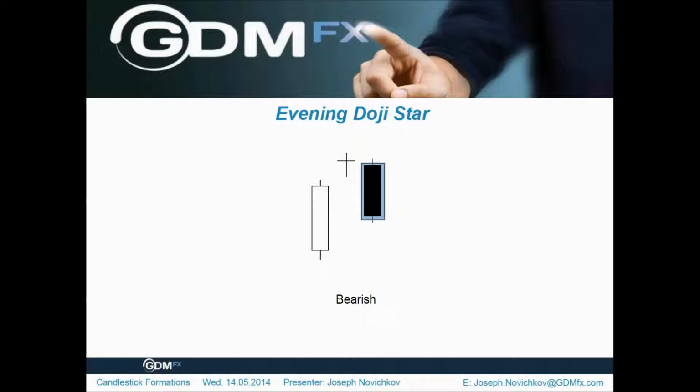So these types of trading strategies, combined with the candlestick formations that I'm giving you right now, can make you a very profitable trader. Basically, when you see those types of formations in a sideways range, that means an imminent reversal is about to happen between the ranges that you have already set.